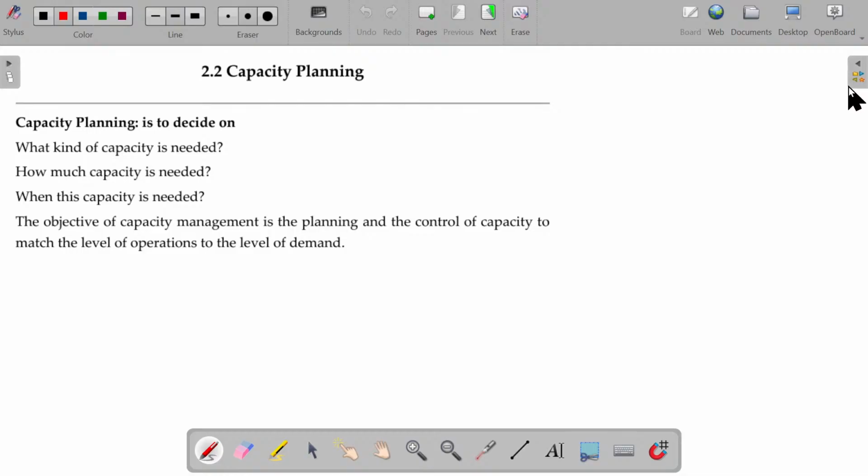So we'll start with capacity planning in this lecture. In capacity planning, the theory may be covered by Madam Yamuna.